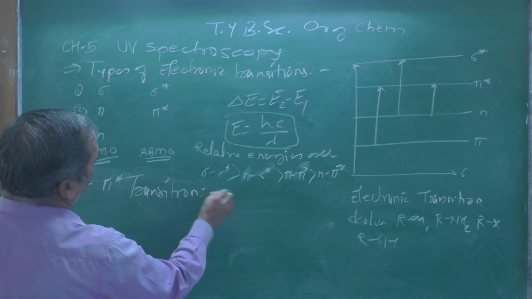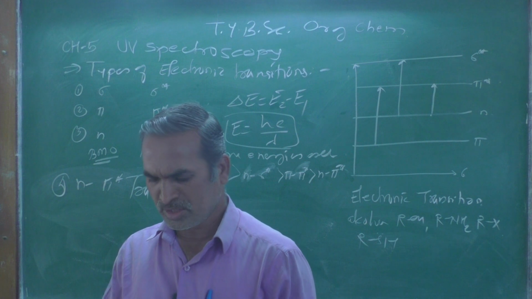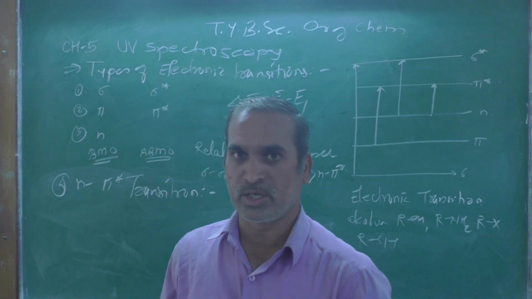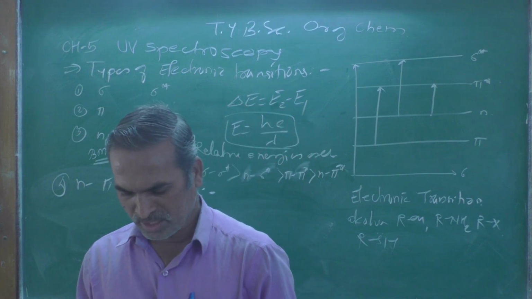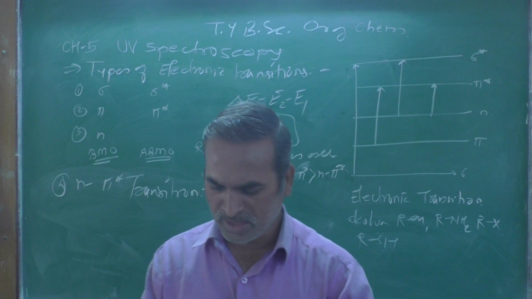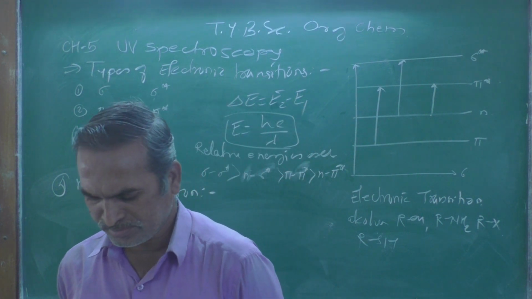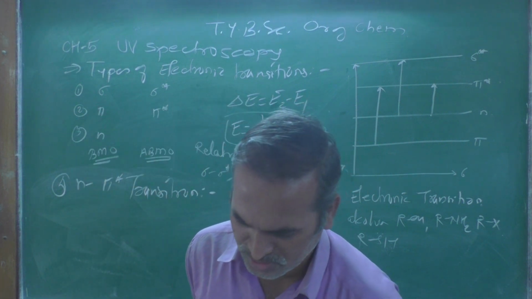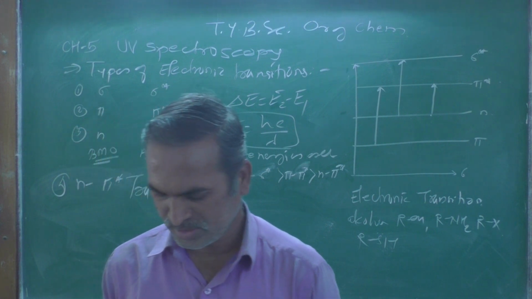So now, what type of organic molecule exhibits or shows N2 pi star transition? In this type of transition, the promotion of an electron from a non-bonding orbital to a higher energy anti-bonding pi star orbital takes place.